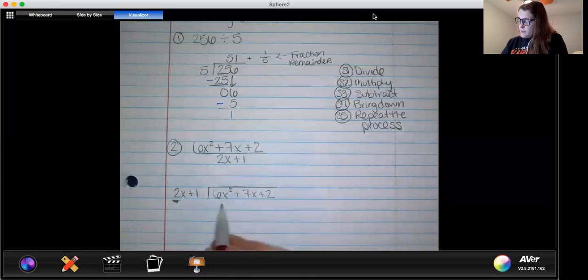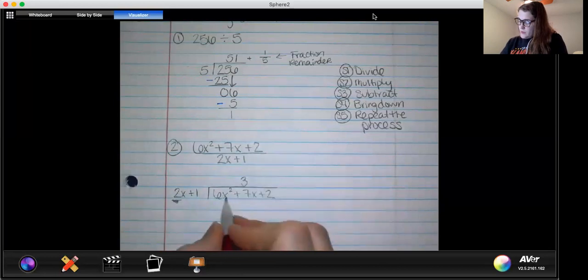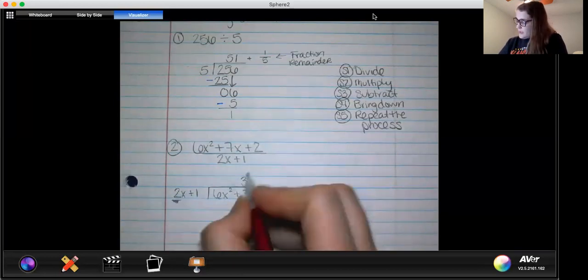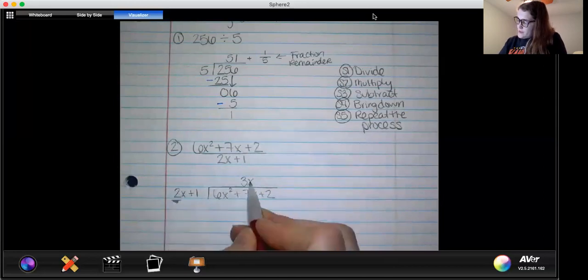So thinking about the numbers, 6 divided by 2 is going to be 3. X squared divided by x is going to be x. So 3x times 2x would get me back to 6x squared. And that's what we want. We want that first term to become 0 and cancel out so we can add more terms to it. So 6x squared divided by 2x is 3x.